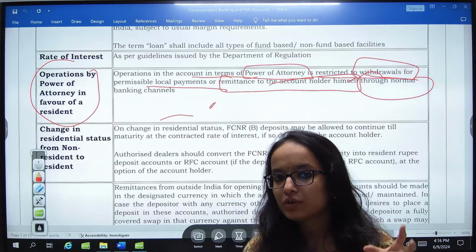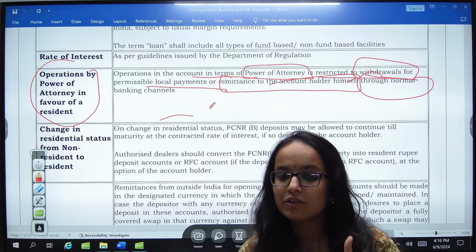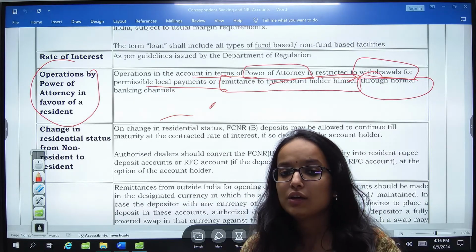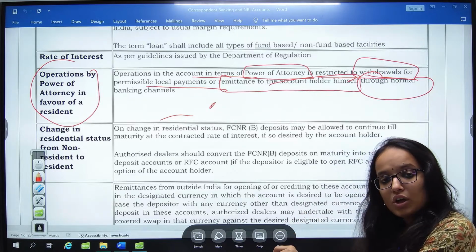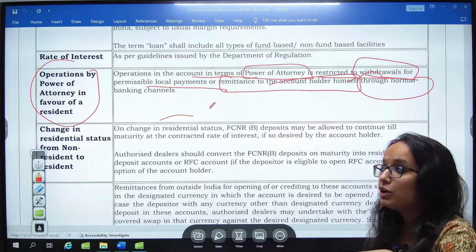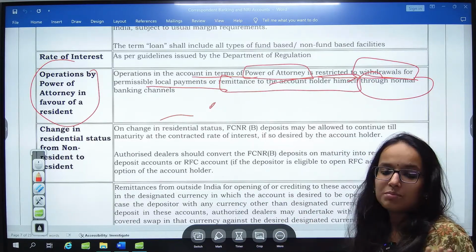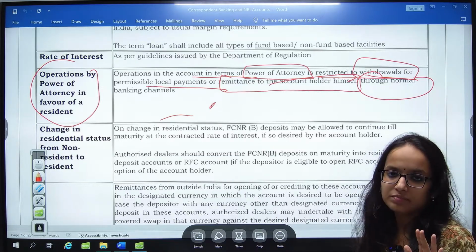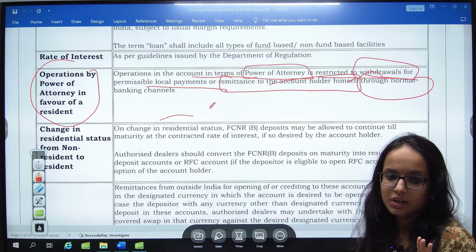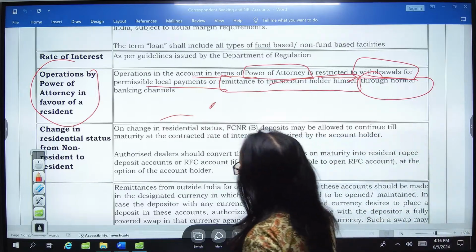You can operate this as power of attorney only to send these remittances to the account holder himself, or for local payments, that too has to be permissible. These only are allowed for power of attorney to operate upon. Clear? Next provision.